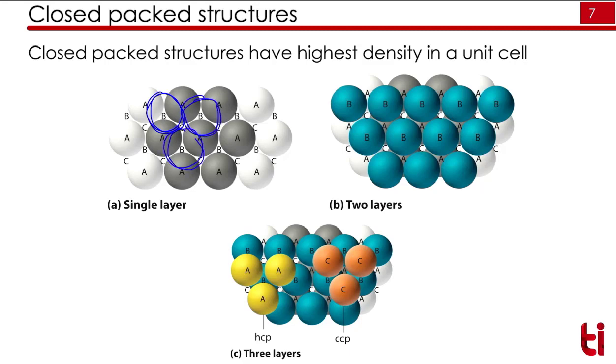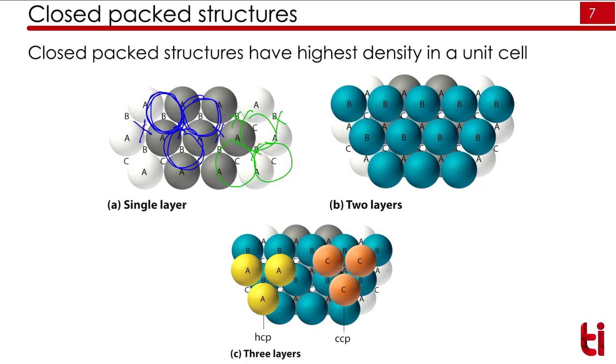Now you can see that we can put either only B or only C. If you put atoms at position B, then we cannot put atoms at position C because there is no space. Or if you put atoms at position C, for example here, we cannot put atoms at position B because there is no space here.